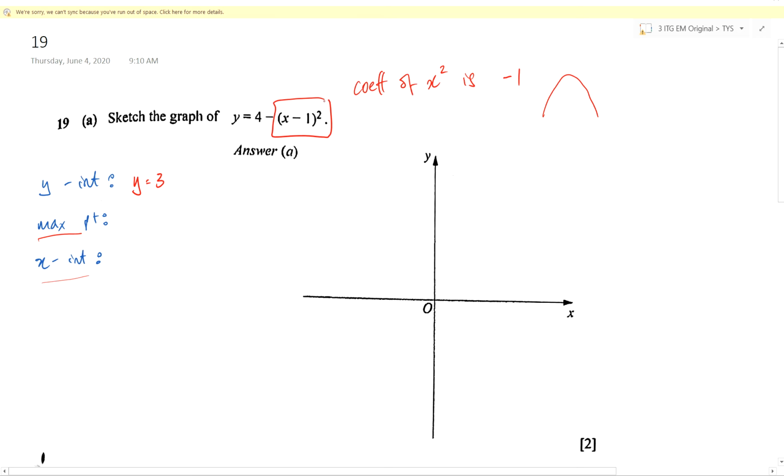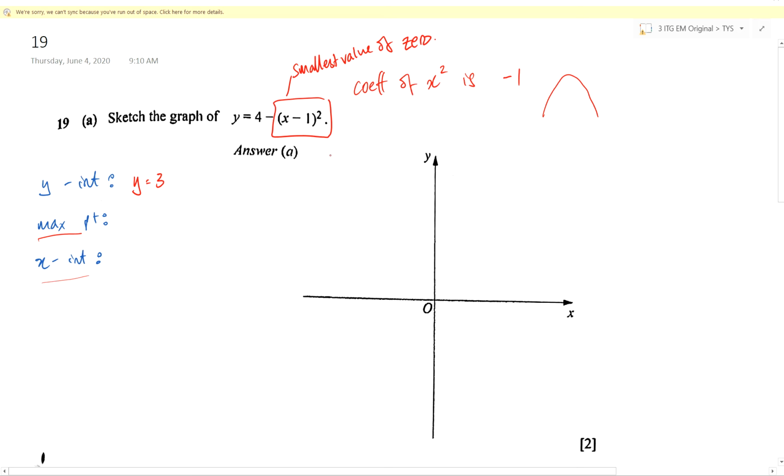What is the smallest value over here? 0, because a perfect square is either 0 or greater than 0. So this has the smallest value of 0. I am taking away the least. Now, inside the bracket, the value is 0.